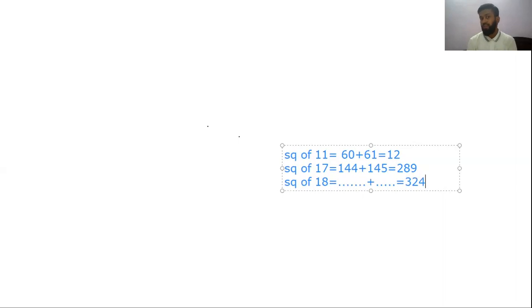Suppose I don't know the answer. What would I do? For the first number, I will do (n square minus 1) by 2. My n is 18, so 18 square minus 1 by 2, and for the second, 18 square plus 1 by 2.